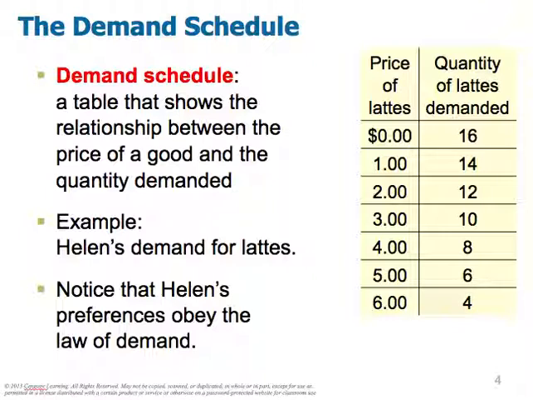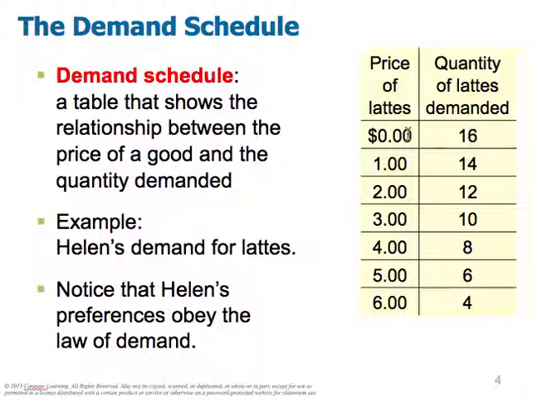The demand schedule is a table that shows the relationship between the price of a good and the quantity demanded. This table here is the demand schedule. We have the price of lattes on the left hand side, and the quantity of lattes demanded on the right hand side. Let's see how we can read this table. According to this table, when the price of lattes is $0, the quantity of lattes demanded is 16.